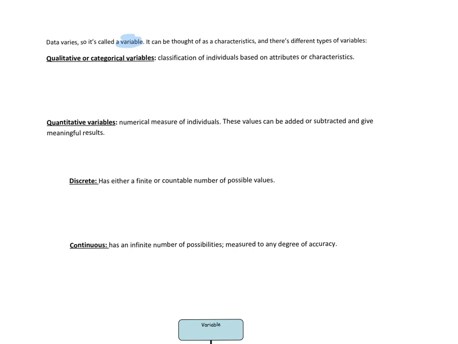A qualitative or categorical variable is a classification of individuals based on attributes or characteristics. So I like to look at that first word, qual, and I think quality. So it's a quality, and we describe qualities with words. So qualitative variables are things you would describe with words.